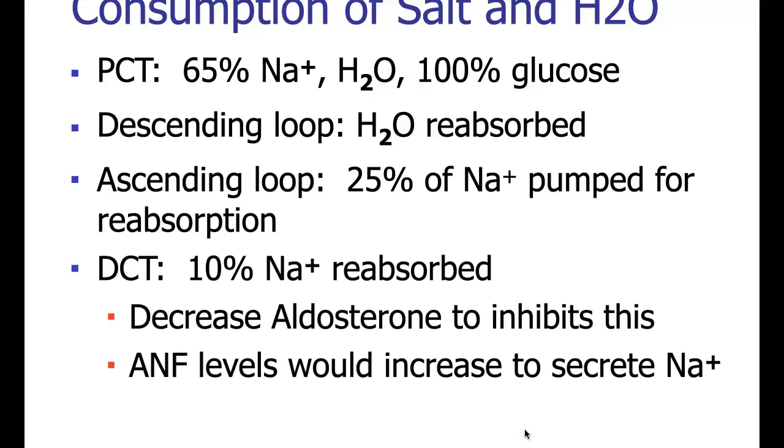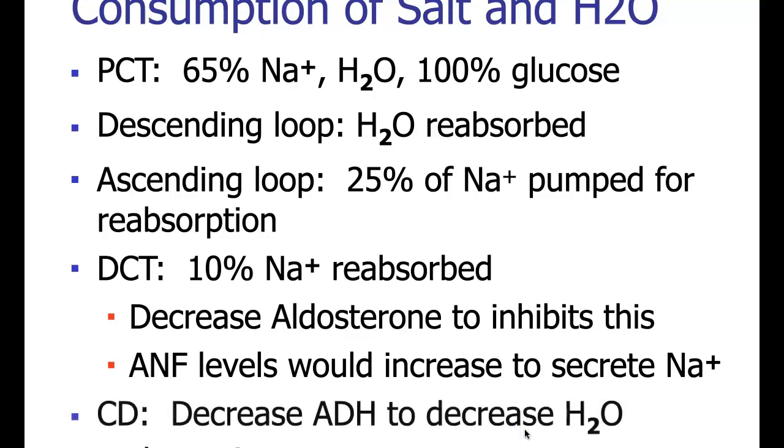If we have a decrease in aldosterone, it inhibits this, whereas ANF or ANP levels would increase to secrete sodium. So you've got a lot of different hormones and ways in which to cause sodium reabsorption or sodium secretion. In the collecting duct, we get a decrease in ADH, which decreases water reabsorption.